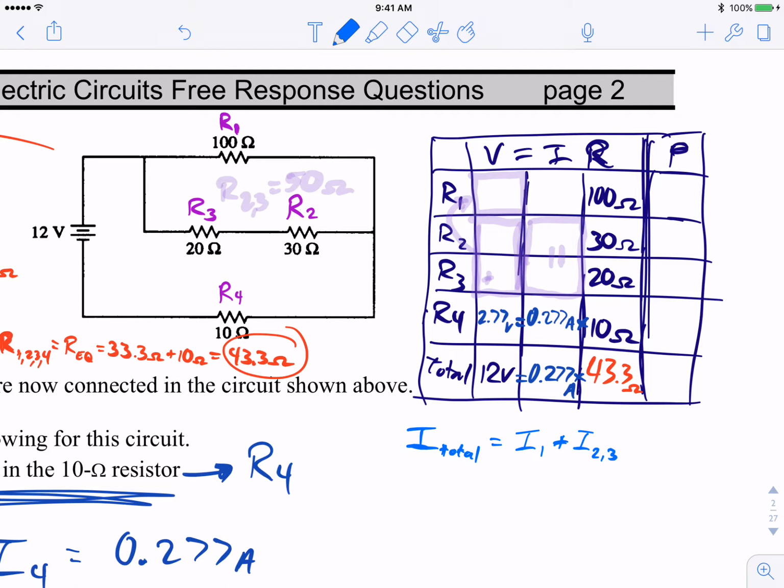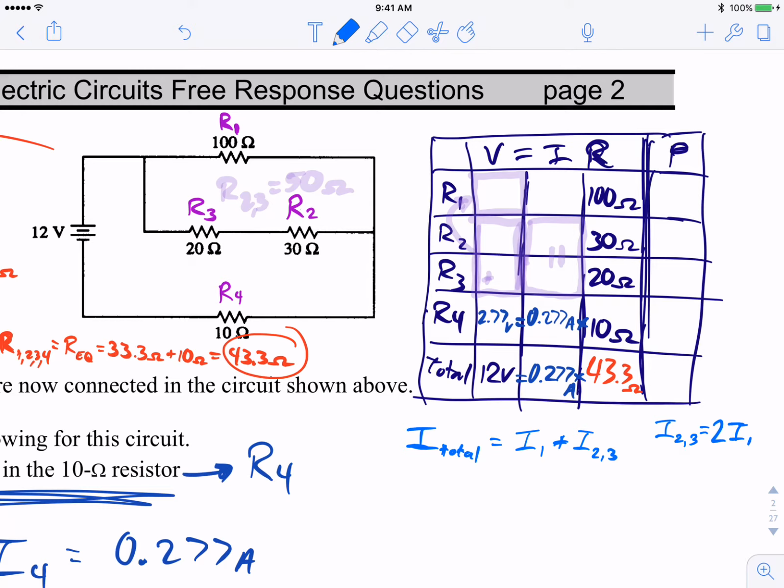And we know by proportions that the current that takes the 2, 3 path, the I2,3, is going to be twice as much as the current that takes the 1 path. So how do we say that mathematically? I23 equals 2 times I1.